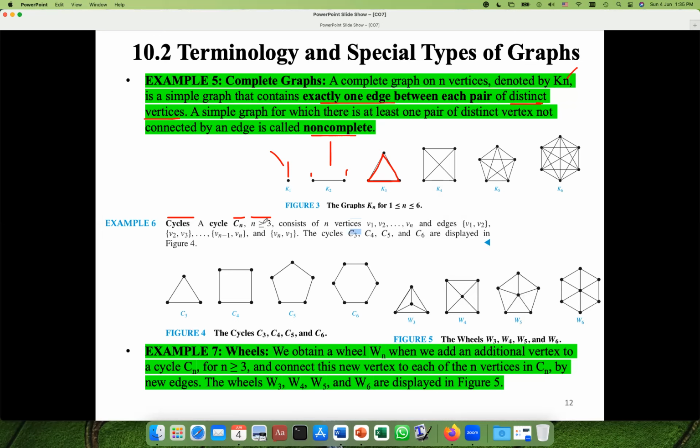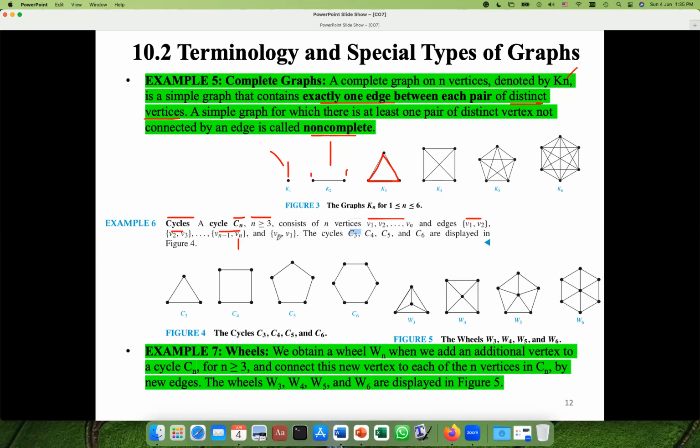This is the condition now: 3, 4, 5, whatever it is. But 2 or 1 is not a cycle. So it will consist of n vertices, V1, V2, and so on. Edges would be from V1 to V2, then V2 to V3, then V3 to V4, and then from Vn minus 1 to Vn, where Vn is the last one.